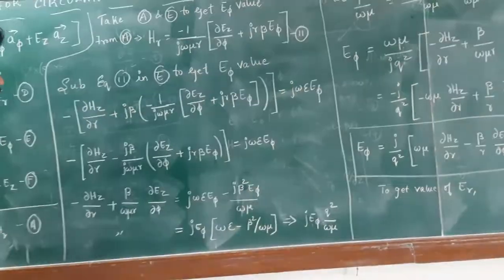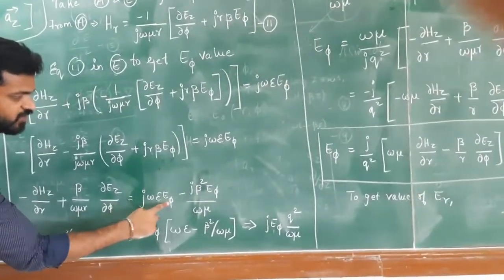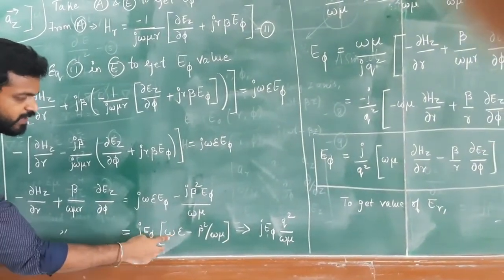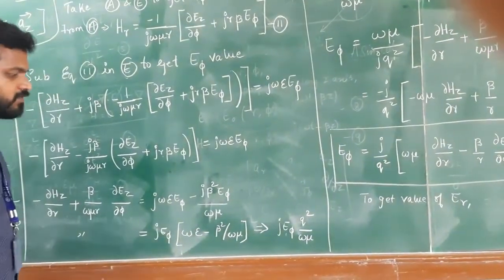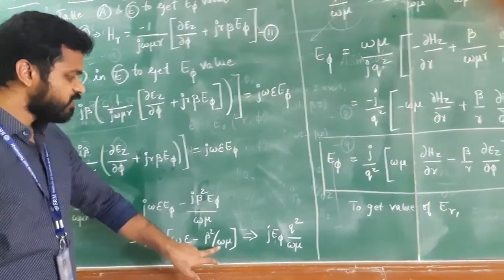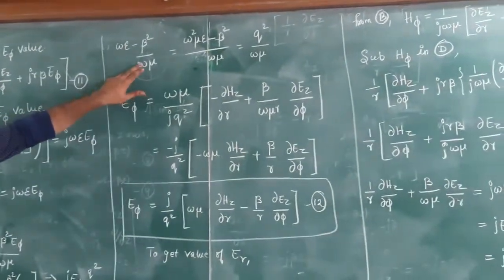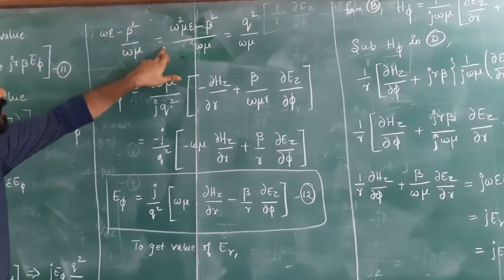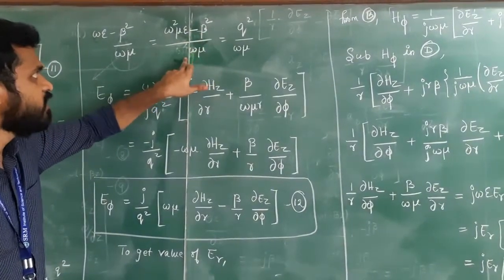So now we can reduce these corresponding components. j and Eφ are common components, so we can take j and Eφ outside, into ωε minus β² by ωμ. This ωε minus β² by ωμ can be written by cross multiplying: ωε minus β² by ωμ is equal to, cross multiplying, ω²με minus β² by ωμ.